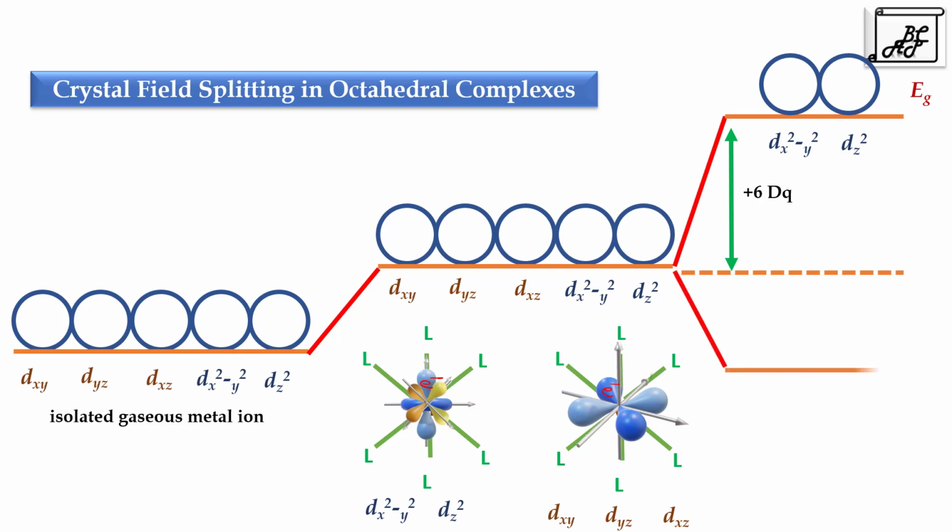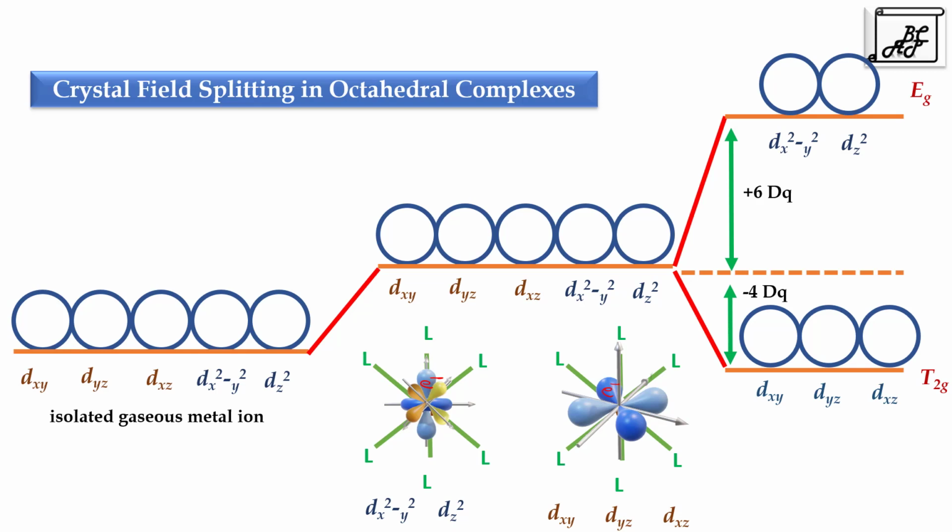Their energy is decreased by minus 4 Dq. These are called the T2g set of orbitals. The total energy difference between the T2g and Eg is 10 Dq. Dq is the parameter and it is arbitrarily taken as 10 Dq. Delta means difference and O stands for octahedral. This is called crystal field splitting in octahedral complexes.